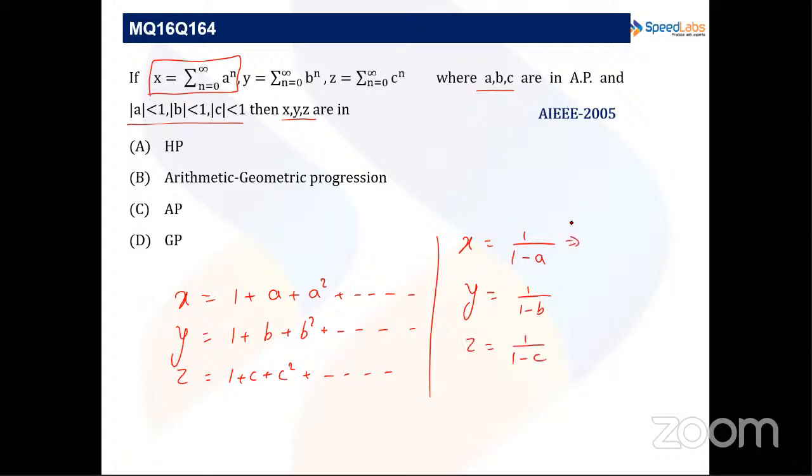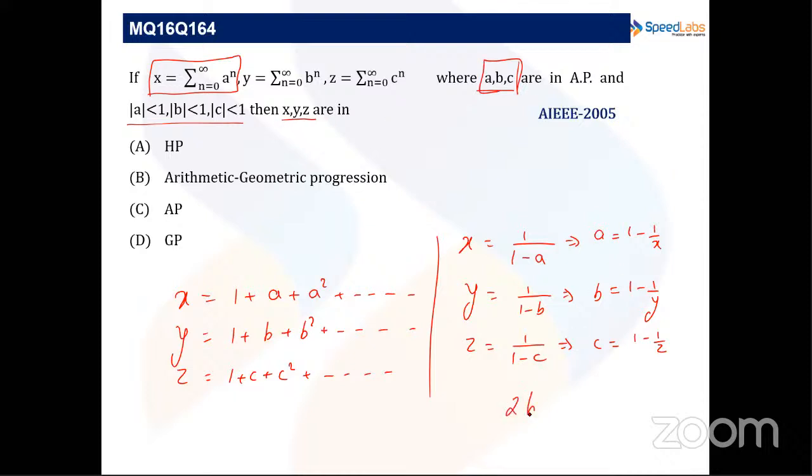From this, we can write 1 minus a equals 1 upon x, or a equals 1 minus 1 upon x, b equals 1 minus 1 upon y, and similarly c equals 1 minus 1 by z. Now, if we are given that a, b, c are in AP, we need to find x, y, z.